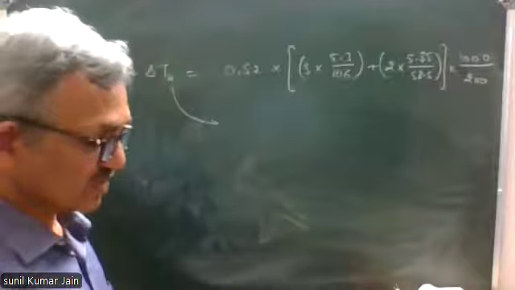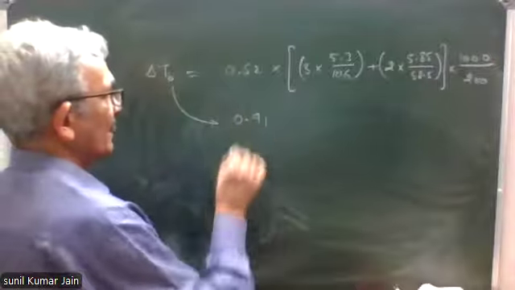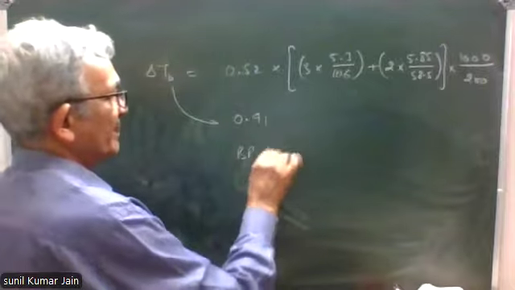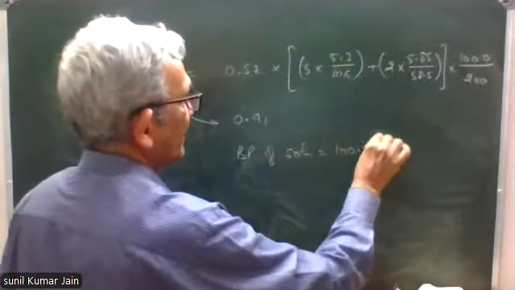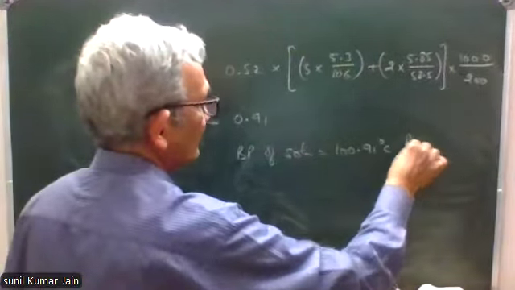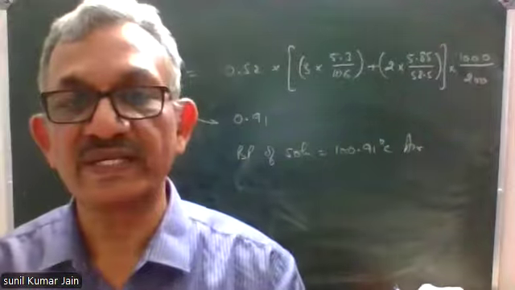When you calculate, this will come out to 0.91. So the boiling point of the solution will be 100.91 degrees centigrade.